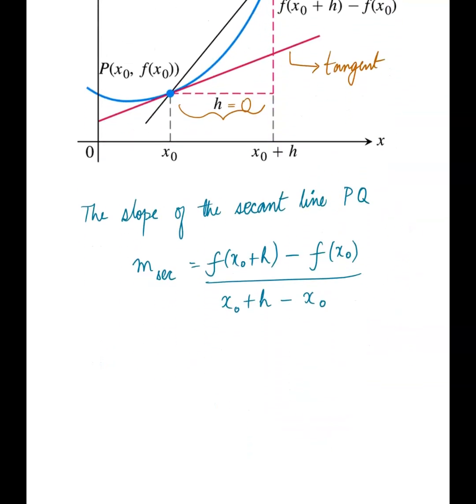And we can clearly see that these will go away. And so this formula reduces to f of x0 plus h minus f of x0 all over h, basically the distance between the 2 points.